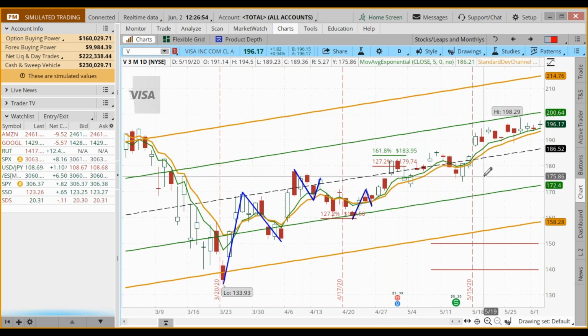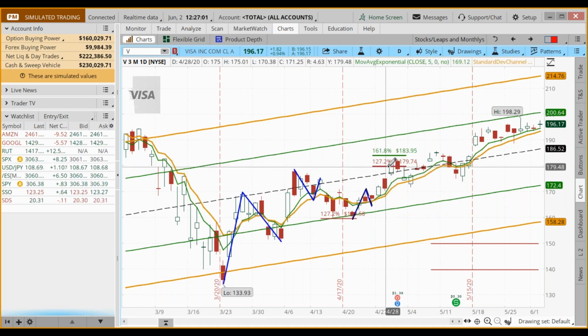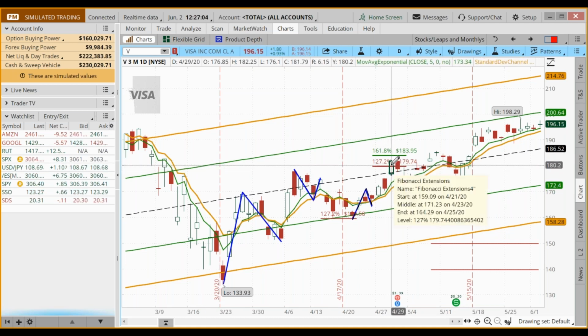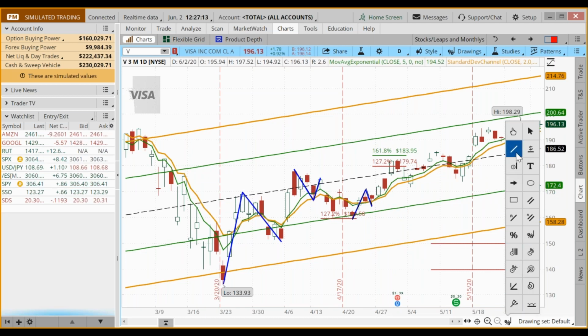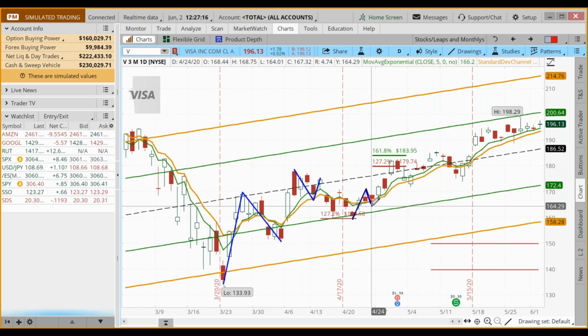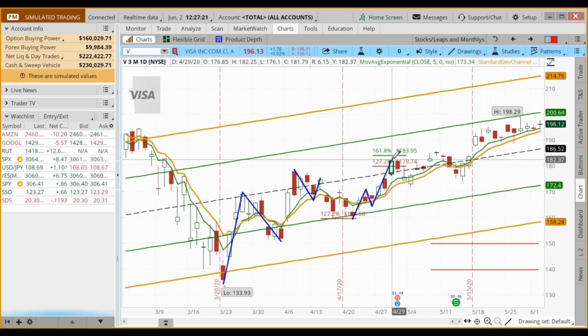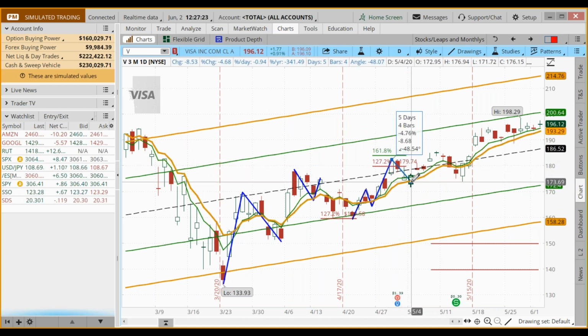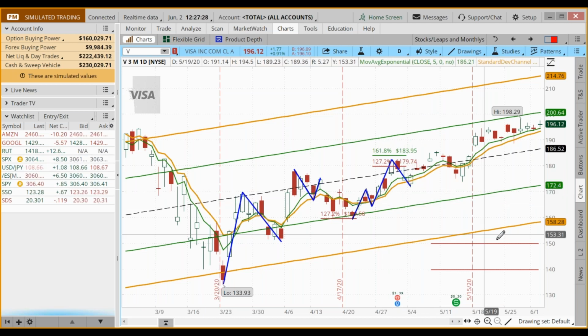I'm in an uptrend, so there's a good possibility it's going to go to the 161. However, if I want to take profits, I can do it right here, no problem. Because you get another measured move that goes from this low to this high, back down to here, which is a higher low.